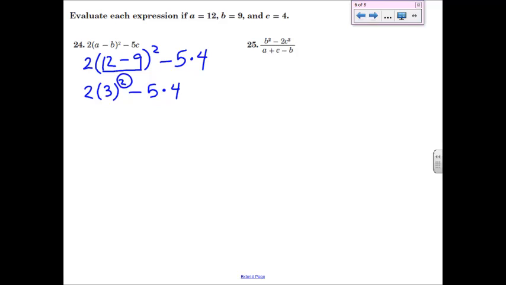Then I do the exponents. 2 times 3 squared is 9. And now I do multiplication. 2 times 9 is 18. 5 times 4 is 20. And then 18 minus 20 ends up being negative 2.